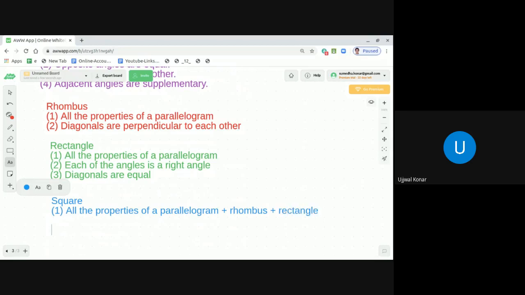If you add all these properties of parallelogram, rhombus and rectangle, you get a square. Correct, dear students?